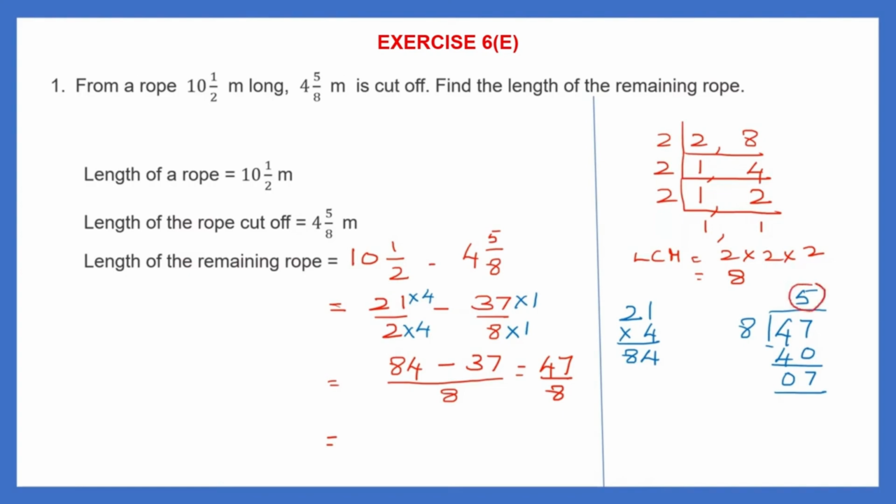Remember, the quotient becomes a whole number, the remainder becomes the numerator, and the denominator is the same as the previous question. So this is our answer. So what is the length of the remaining rope? The length of the remaining rope is 5 7 by 8 meters. So this is our answer. 5 7 by 8 meters.